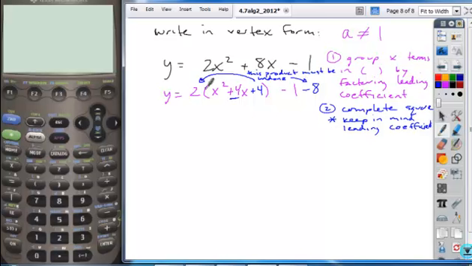So this product right here must be undone in order to balance our equation. So 4 times 2 is 8. We undo that by subtracting the same value on the outside.